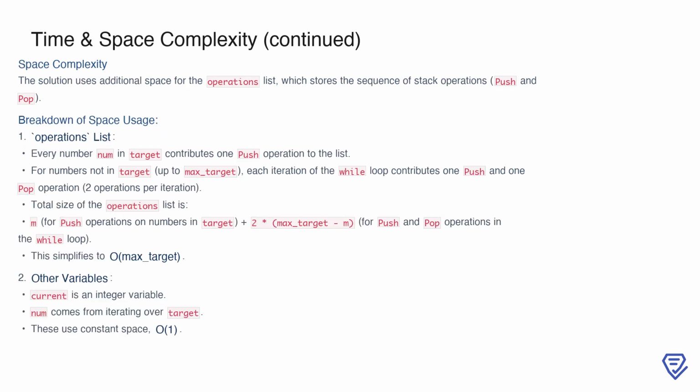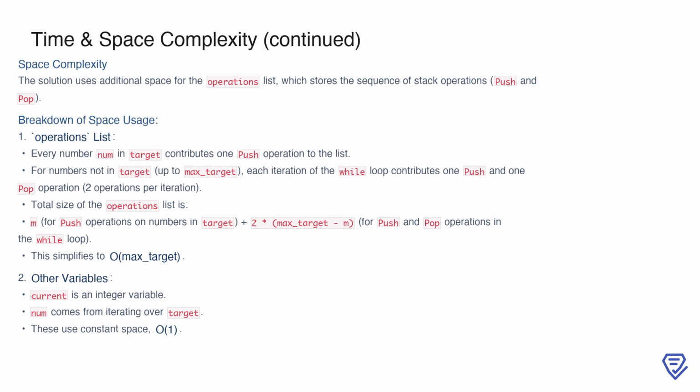Now, let's analyze the space complexity. The main contributor here is the operations list, which stores the sequence of stack operations. For every number in target, we add one push operation to the list. Additionally, for numbers not in target, the inner while loop adds both a push and a pop operation for each iteration, resulting in 2 operations per skipped number.